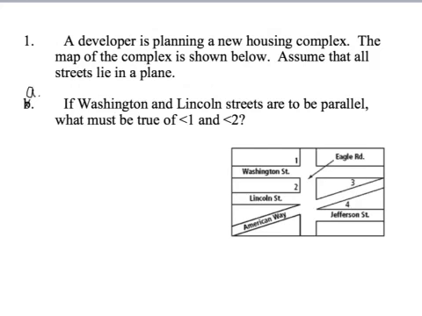A developer is planning a new housing complex. The map of the complex is shown below. Assume that all streets lie in a plane. If Washington and Lincoln streets are to be parallel, what must be true of angle 1 and angle 2? So here's angle 1, there's angle 2. And Washington is parallel to Lincoln.